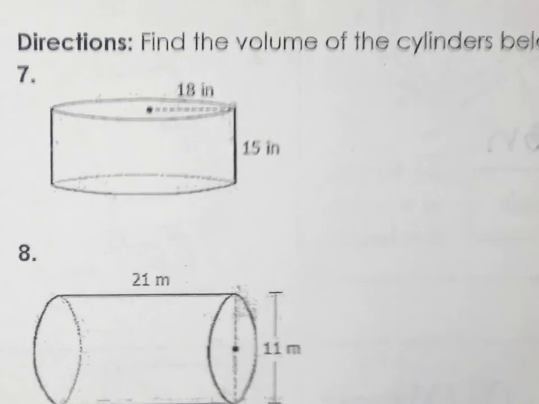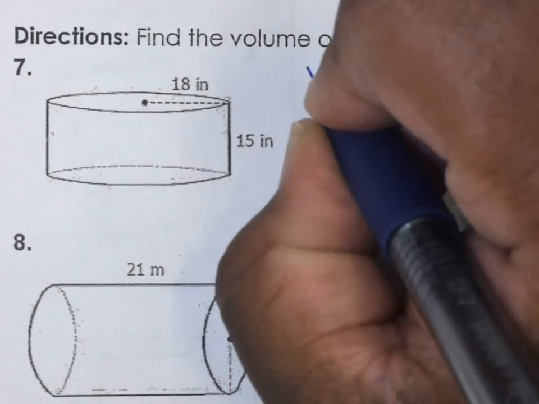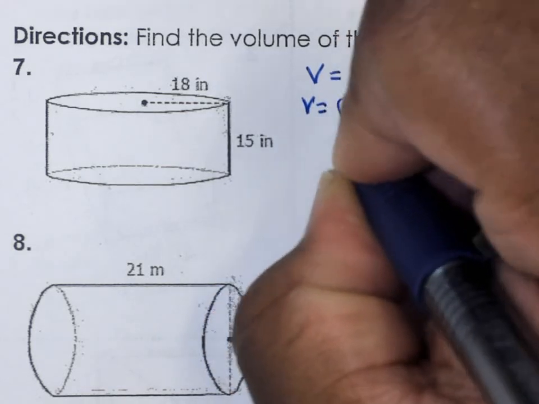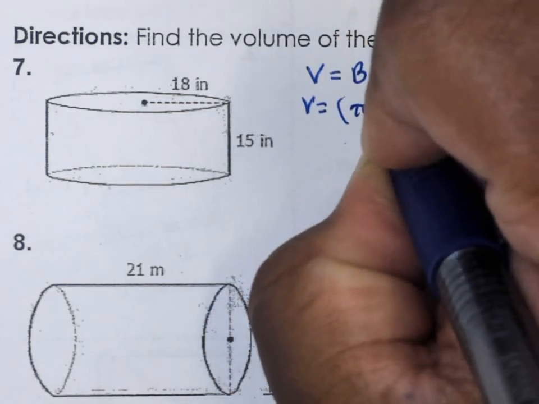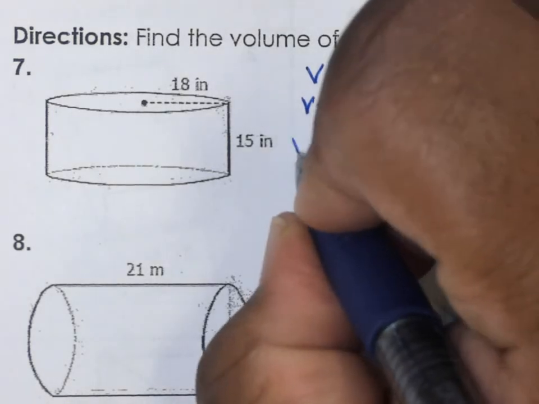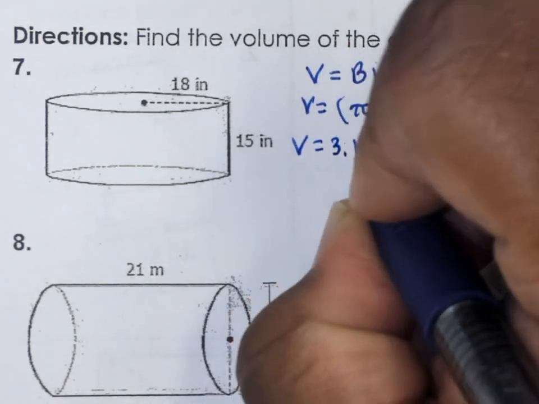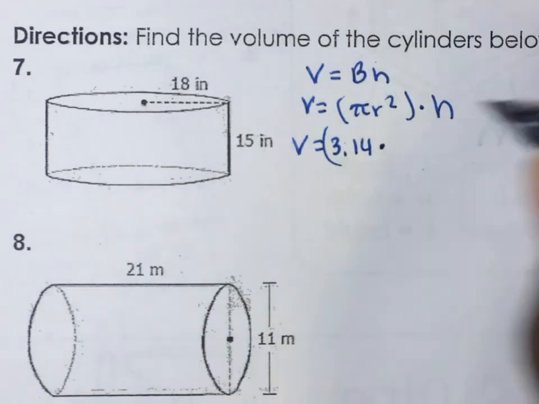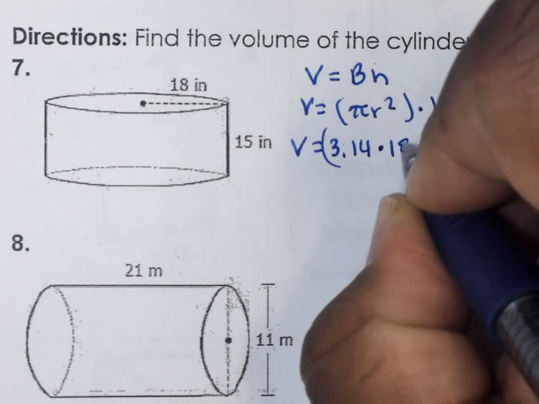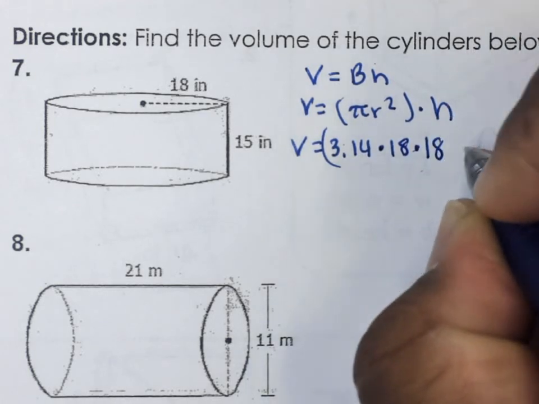Find the volume of the cylinders below. Number 7, V equals capital B times H. I'm rewriting it. V equals parentheses pi R squared times the height. Then it's V equals 3.14 times, what's our radius? 18 times 18.